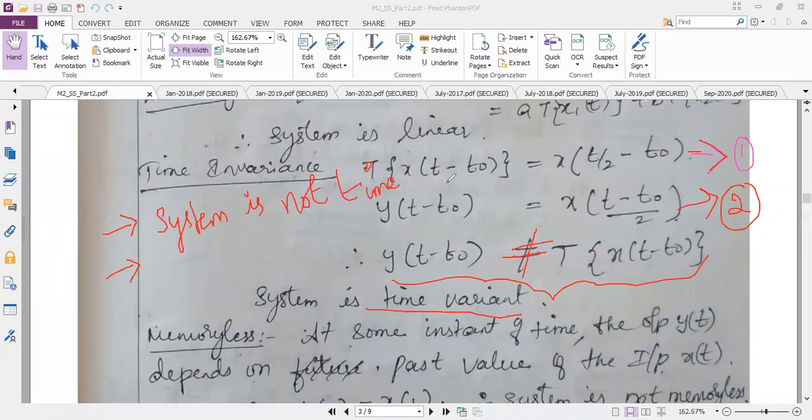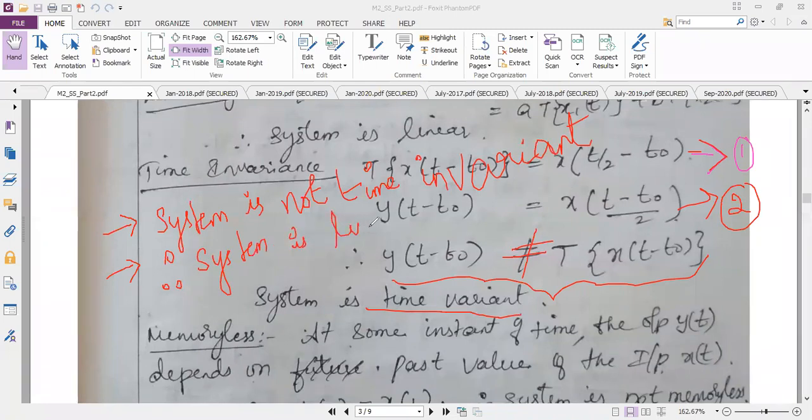You write both the answers for the safer side, because anybody will do the valuation, not only the signals and systems faculty. So the system is not time invariant, therefore you can write the system is time variant. Is it clear? I hope everybody is writing in your notebook.